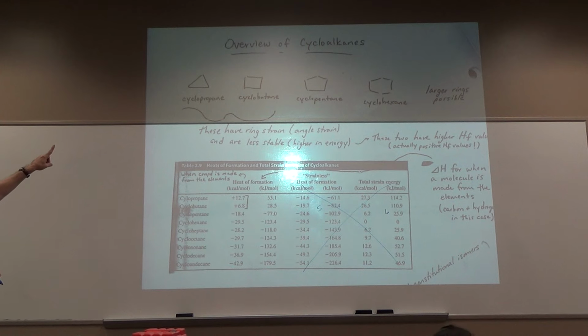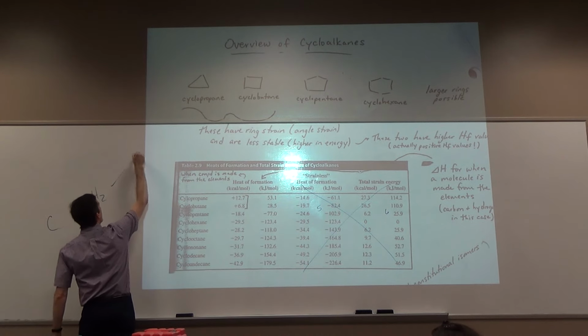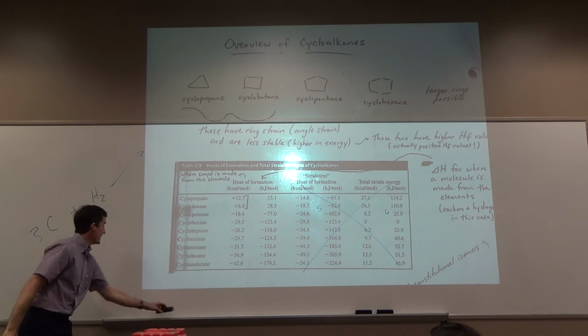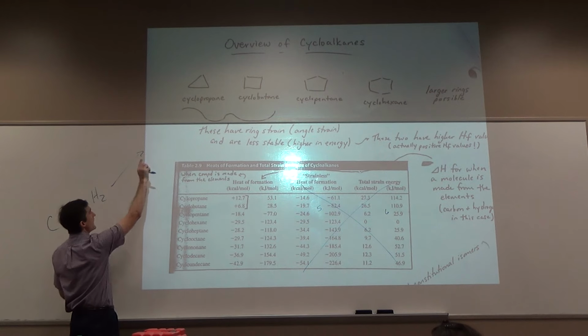For example, if you made cyclopropane starting with carbon and hydrogen, you would take C plus H2, and you would get cyclopropane. Obviously, you need 3 carbons, right? You can balance it out like balancing equations. But once it's balanced, you can say this yields that.